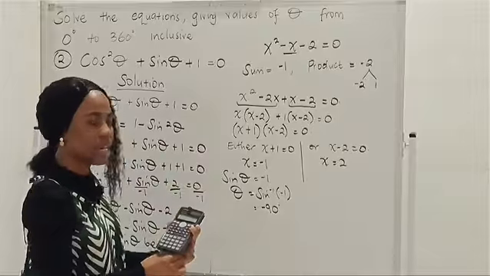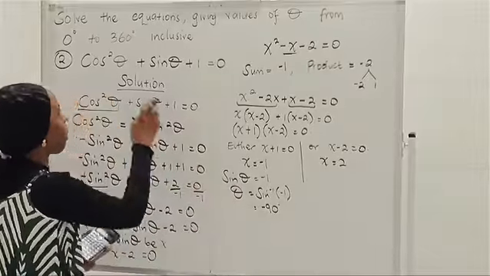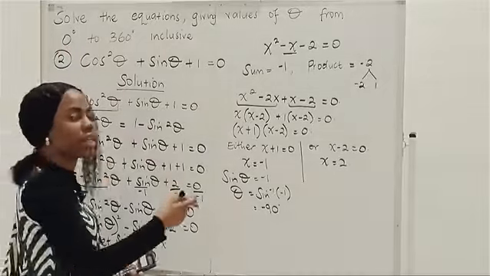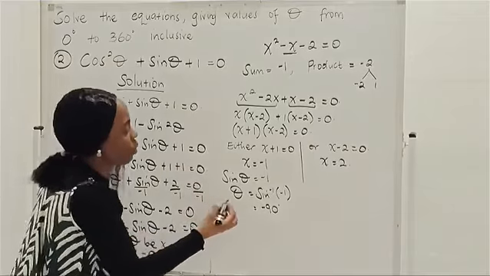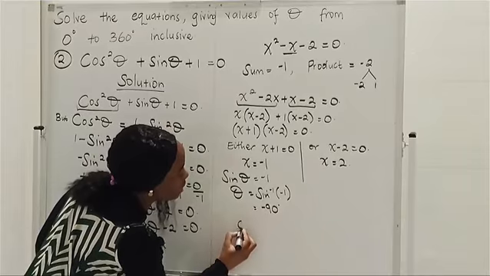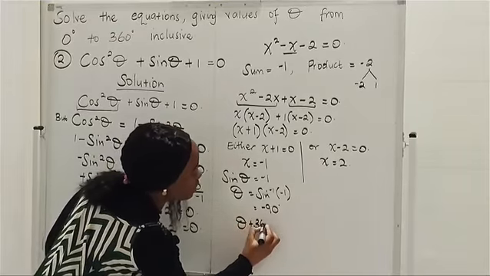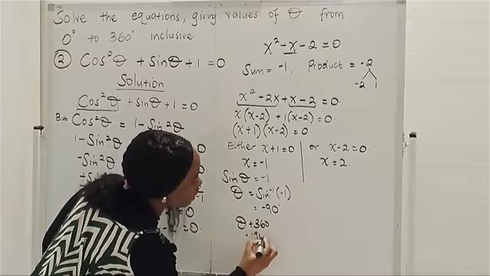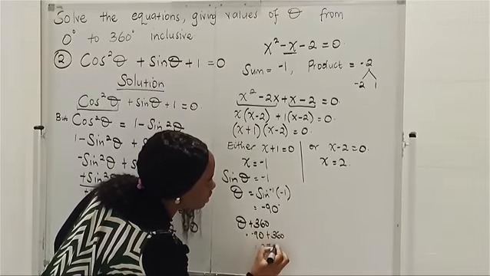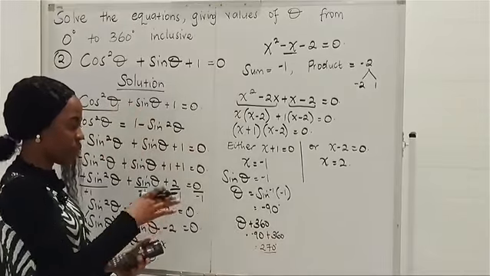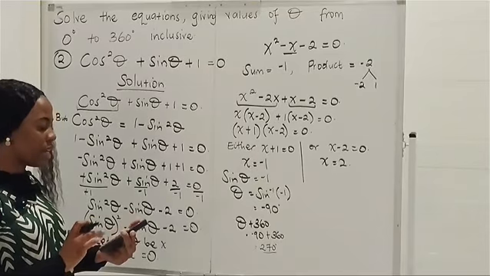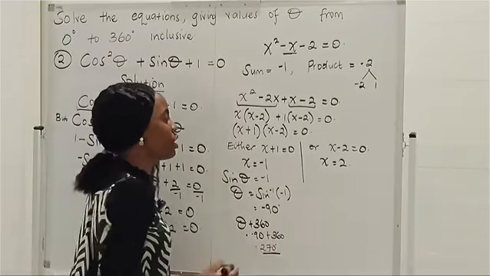It gives you -90. But remember, our theta is between 0 and 360. So we don't take the negative values. So if I add 360, it is going to be -90 plus 360, which is equal to 270. And when you want to prove this one, you say sine 270, you will get -1. So we are on the right track.